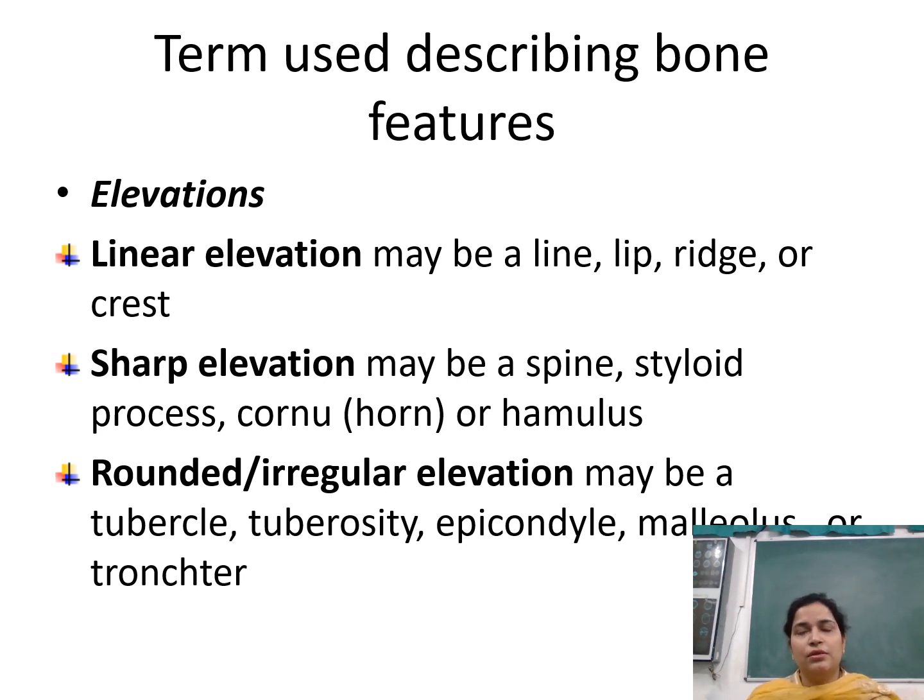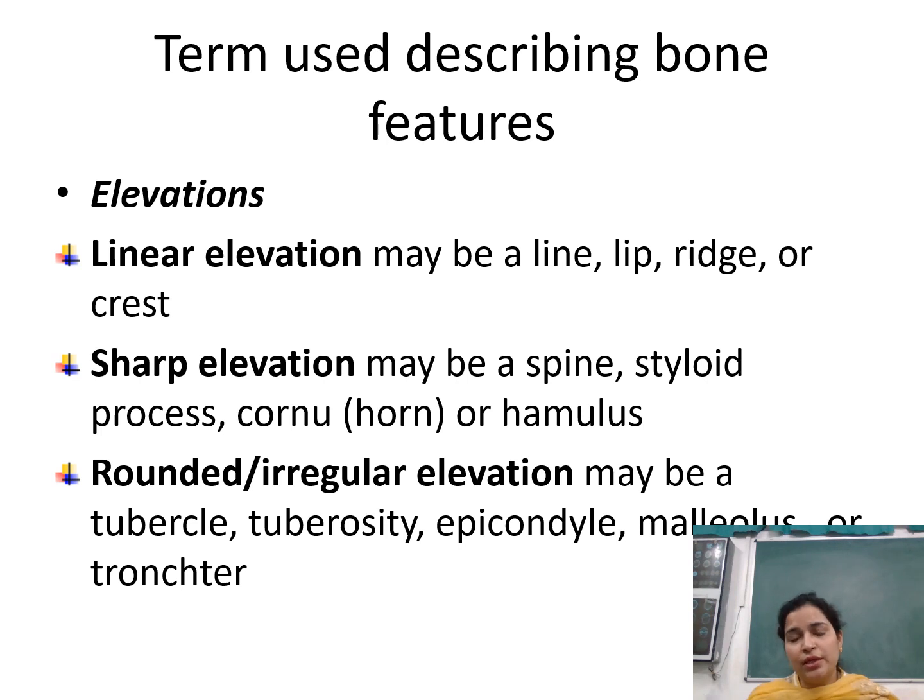a tubercle. For example, for the humerus there are the greater and the lesser tubercle, then there is tuberosity: greater tuberosity, lesser tuberosity, greater trochanter, lesser trochanter, then radial tuberosity, ulnar tuberosity, tibial tuberosity, and epicondyles, medial and lateral epicondyles.